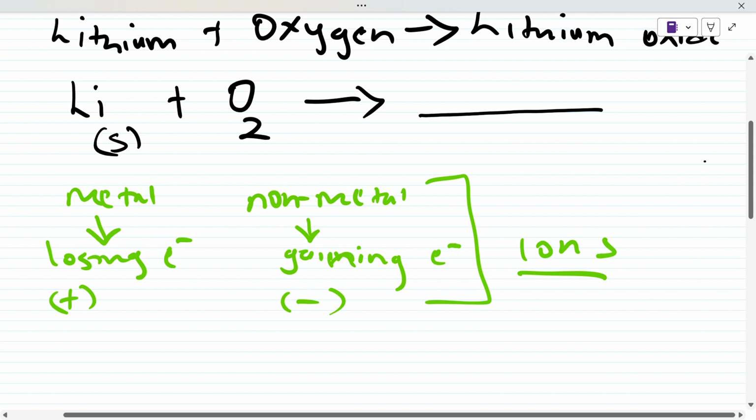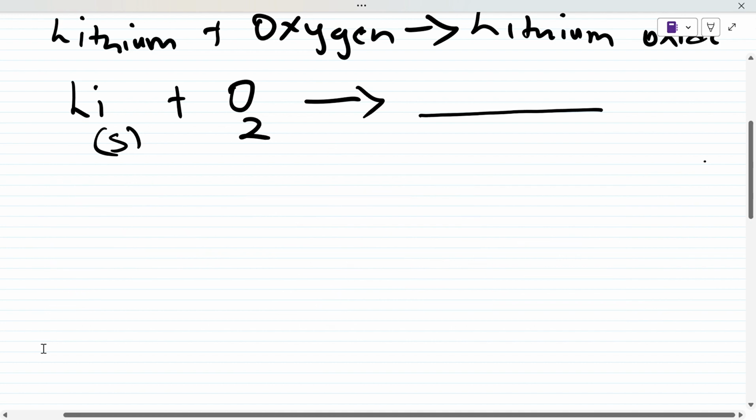That's very key. So, after getting that knowledge, now let us see how that knowledge is going to help us write and balance chemical equations.